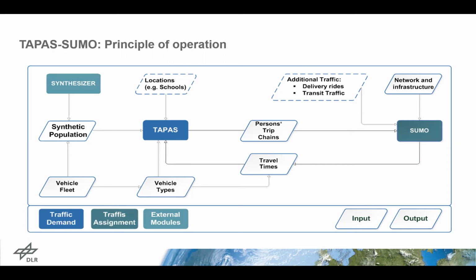And we have network infrastructure information, and we put all this together, feed it to SUMO, and SUMO calculates how these trips are actually performed. And then we can check if our assumptions in TAPAS are the same as the output of SUMO. And if not, then we get updated travel times and do the inner loop until we get to an equilibrium.